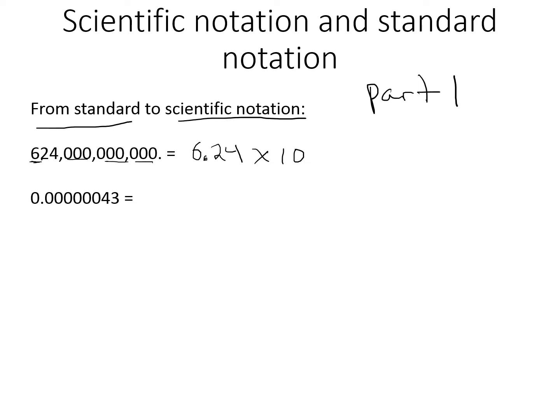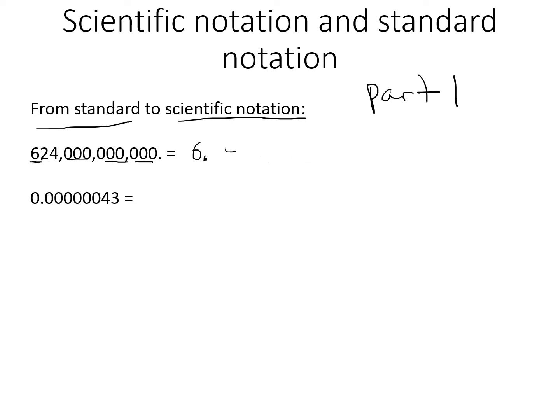So 6.24 times 10, does that equal this number? No, not at all. 6.24 times 10 equals 62.4. So this is not scientific notation for this number.